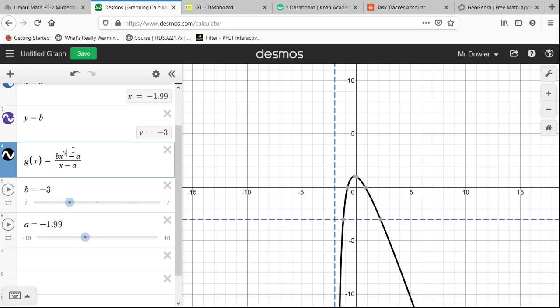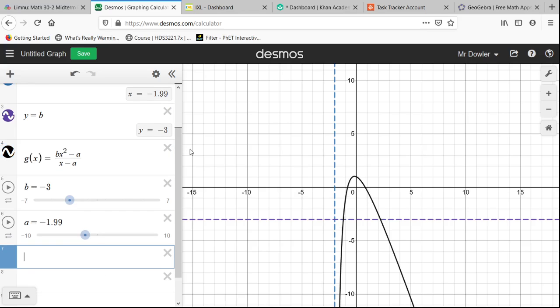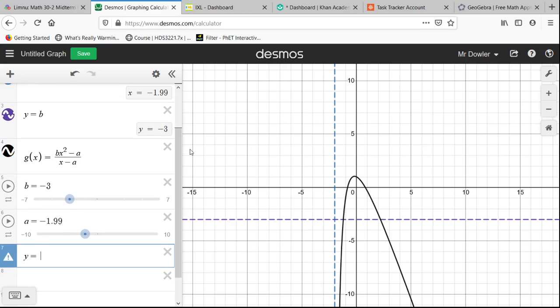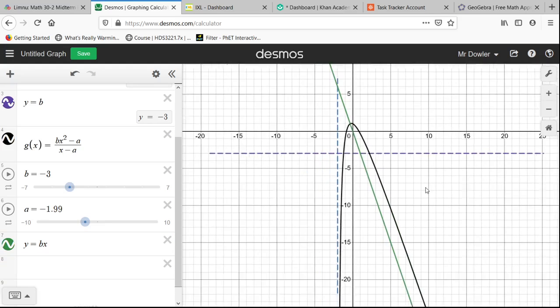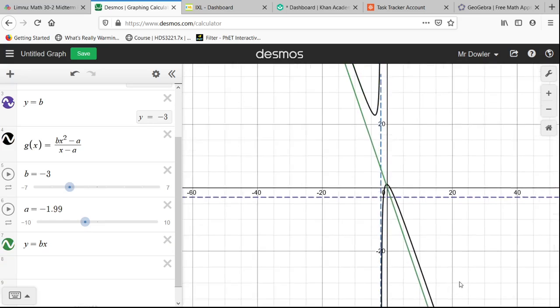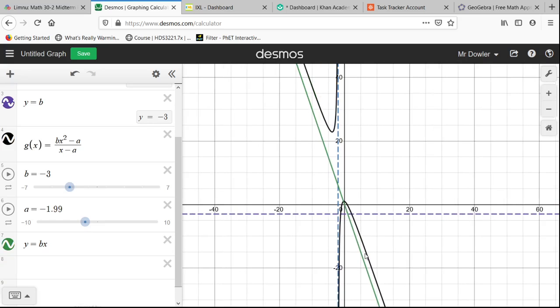So it's like bx. And we get a straight line here. It's like a straight line with a slope of -3. So if we were to actually plot y equals, we'll just go bx. You see they kind of come in parallel, and in the long term it will sort of approach that point.